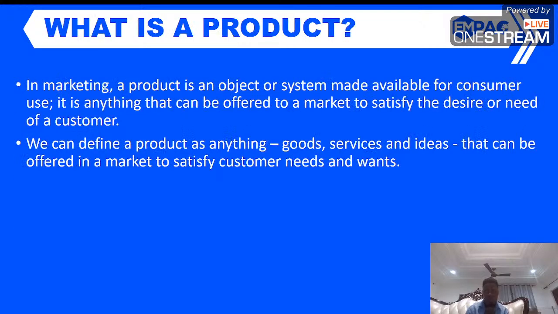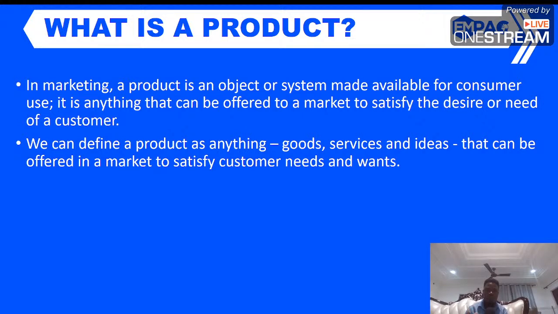Now, what is a product? In marketing, a product is an object or system made available for consumer use. It is anything that can be offered to a market to satisfy the desire or need of a customer. That's how they define product in marketing.